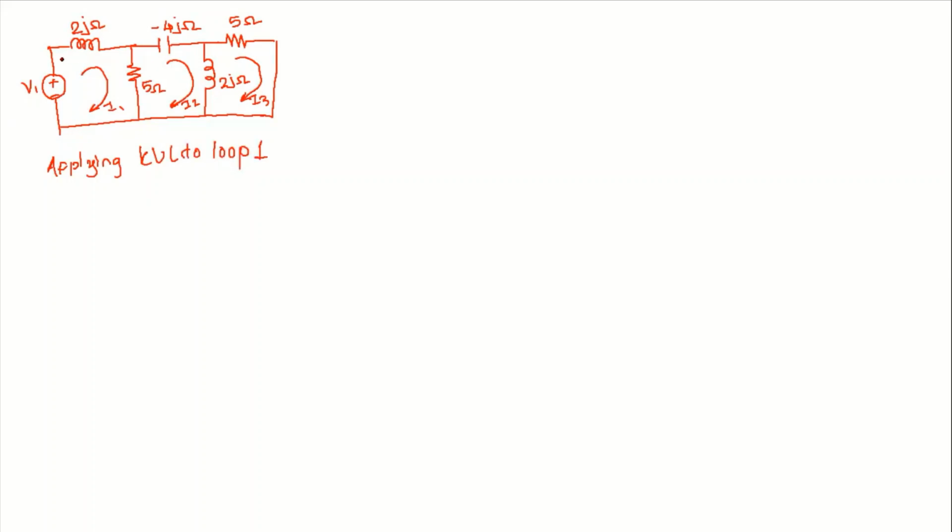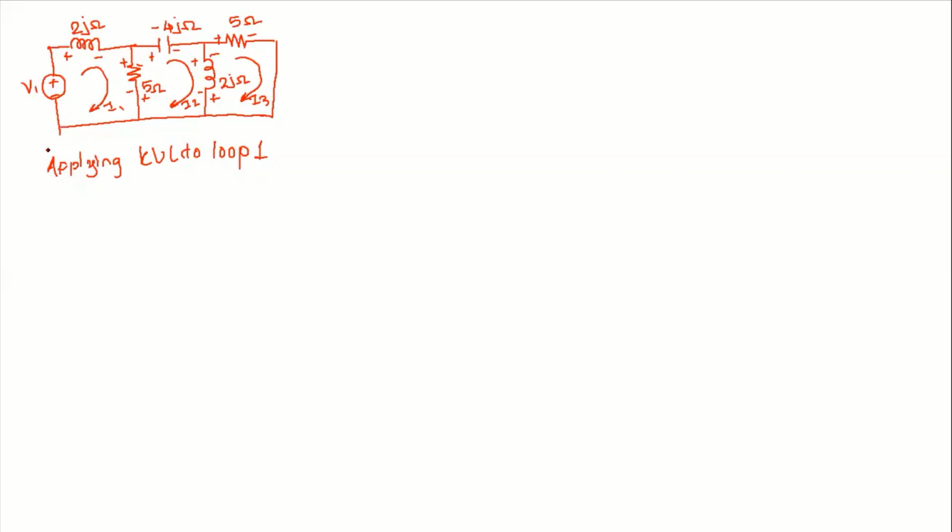Before we go for the loop, we have to give the sign convention: positive, negative, positive, negative, and so on, so that it will help us to identify the loop and the sign convention of that particular network element.